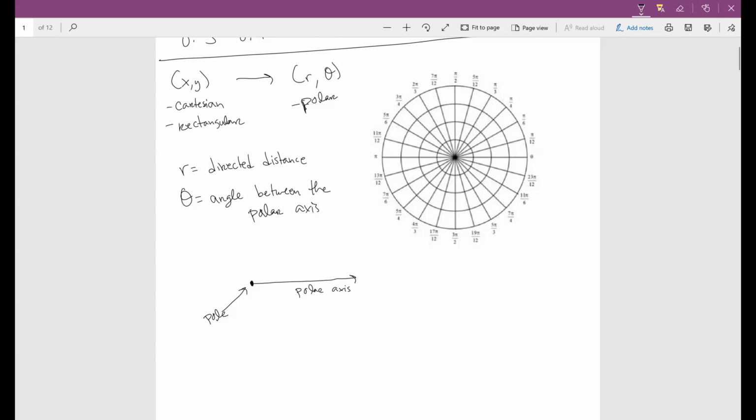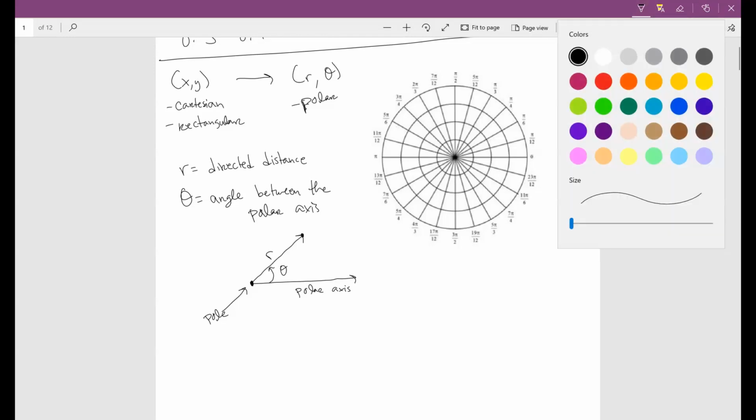And if I wanted to graph a point in the polar region, then the segment from the pole all the way to that point is going to be the radius r, and the angle that this makes is going to be theta.